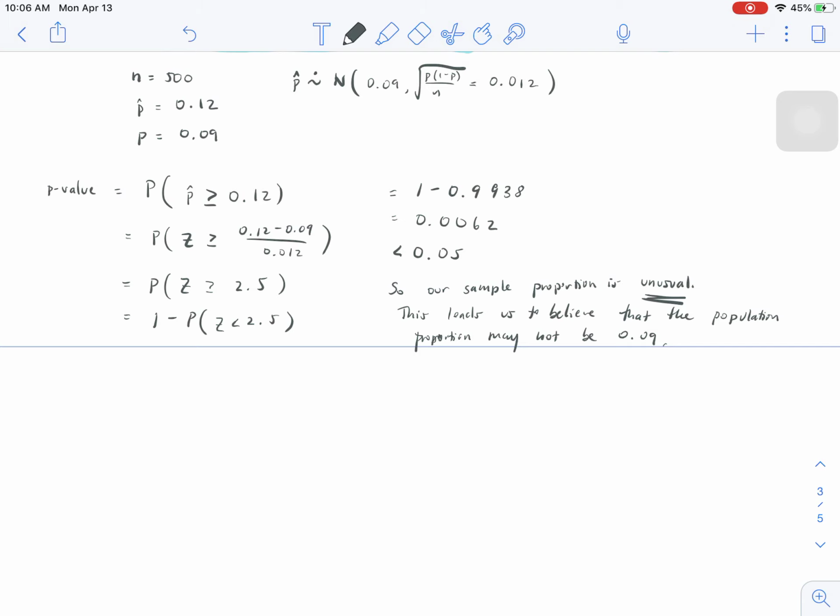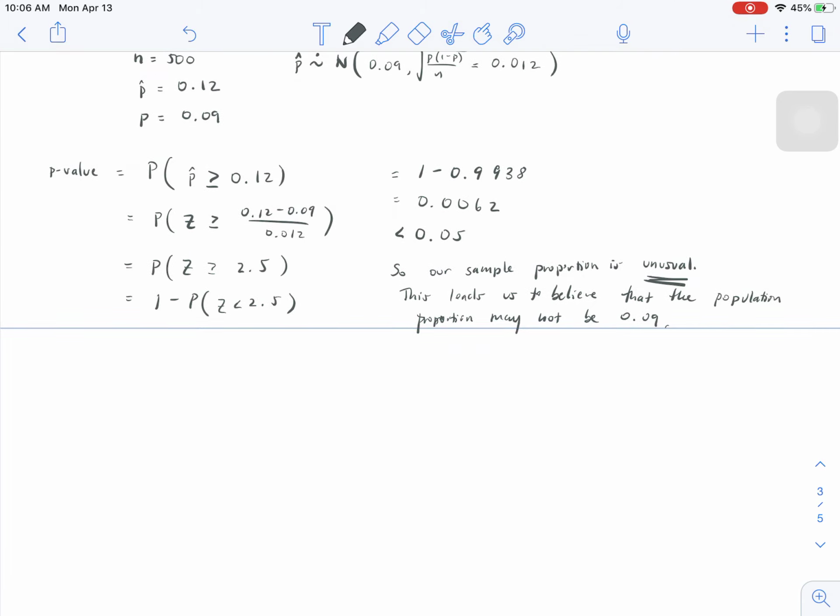Another way that's perhaps a little simpler is simply to look at the z-score. Remember that our z-score represents how many standard deviations away from the mean, from the center of the distribution, we are.